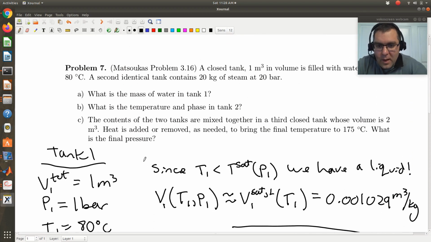All right, so now the contents of the two tanks are mixed together in a third closed tank whose volume is 2 meters cubed. Heat is added or removed as needed to bring the final temperature to 175 degrees C. What is the final pressure?